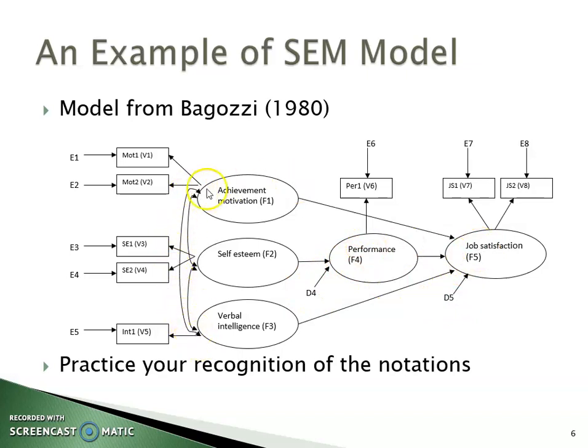We have covariance between the 3 exogenous factors, which means based on the theory or based on some type of empirical evidence, we believe there is correlation between achievement motivation and self-esteem, between self-esteem and verbal intelligence, also between achievement motivation and verbal intelligence. That's why those 3 curved lines here show their covariance.